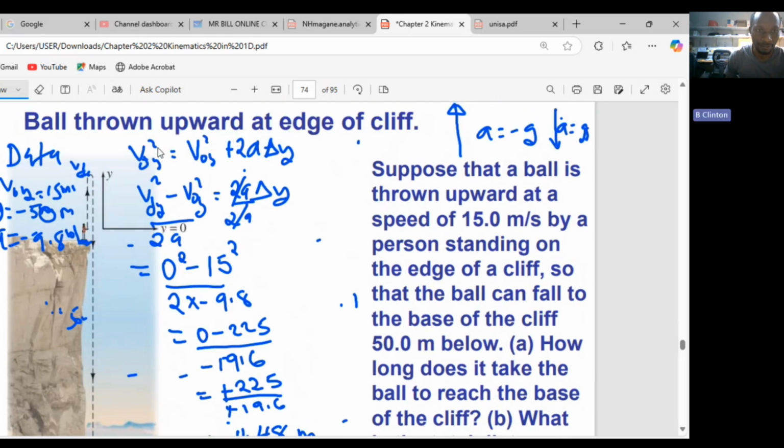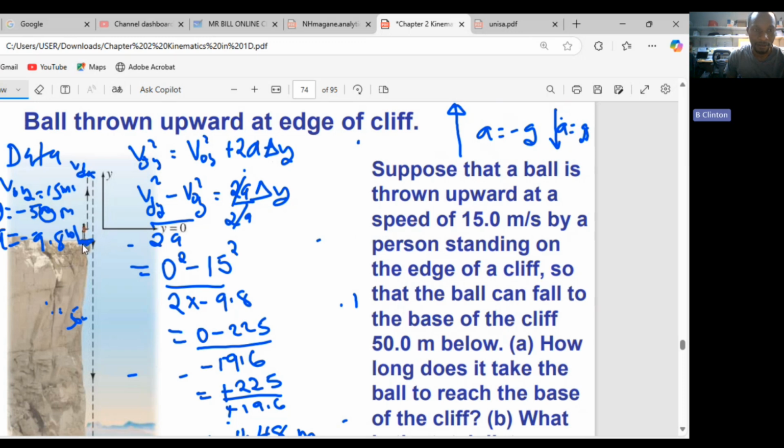So it shows that this ball traveled from the top of the cliff to a maximum height covering a distance of 11.48 meters, and we're told to determine the total distance traveled by the ball. So you can see that from this point until this point is 11.48 meters, and from this point back to the top of the cliff is also 11.48 meters.